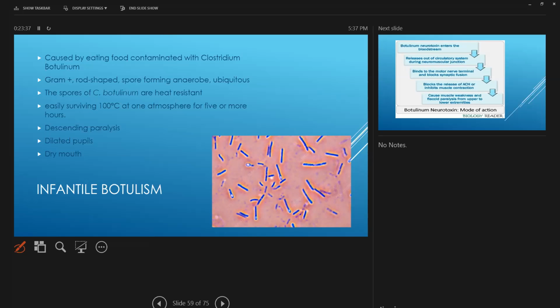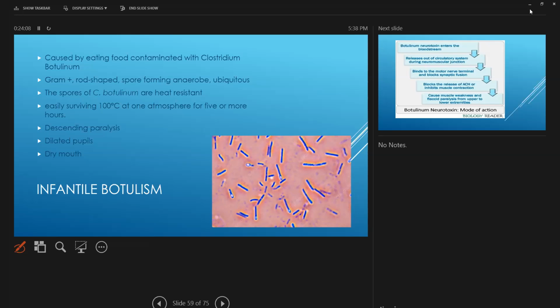So infantile botulism, basically they ate something that's contaminated with Clostridium botulinum, which is a gram-positive rod-shaped spore-forming anaerobic bacteria that basically is everywhere. It lives in the soil. But botulism is particularly heat resistant and can survive atmospheric pressure increases up to 5 atmospheres. Oh no, sorry, up to 1 atmosphere for 5 or more hours.